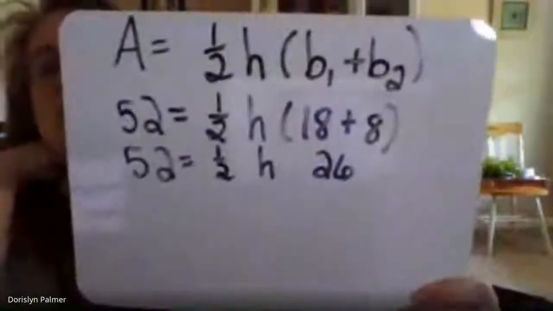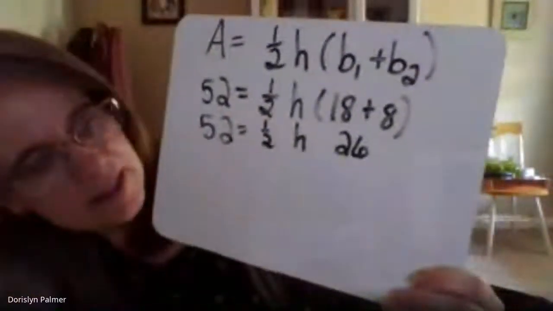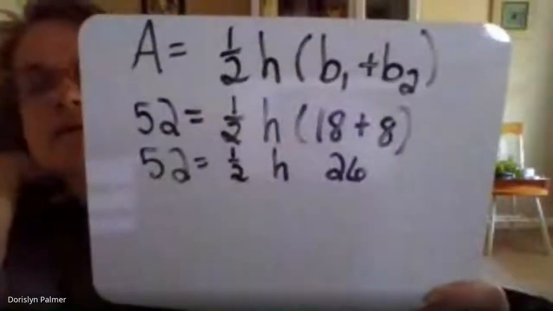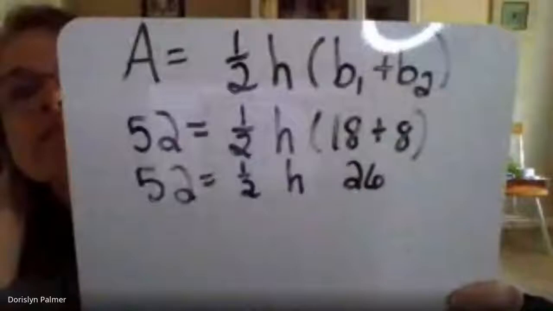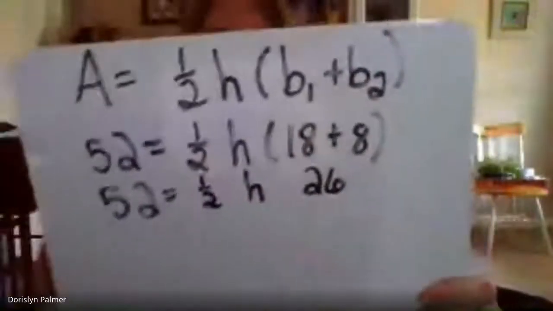So your next line says 52 equals 1/2 times H times 26. We're going to put the 1/2 and the 26 together. 1/2 of 26 is 13. So now we have 52 equals 13H.